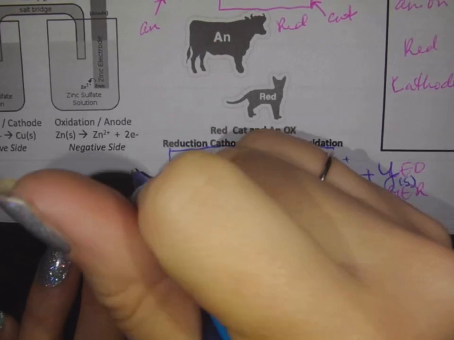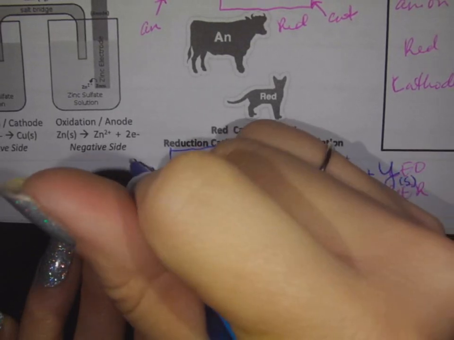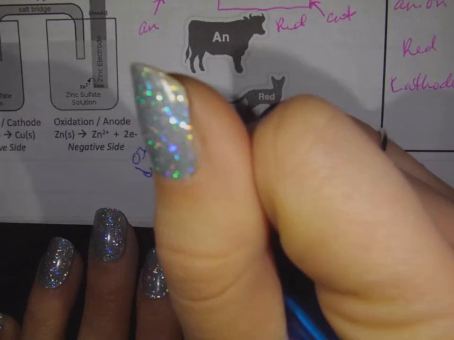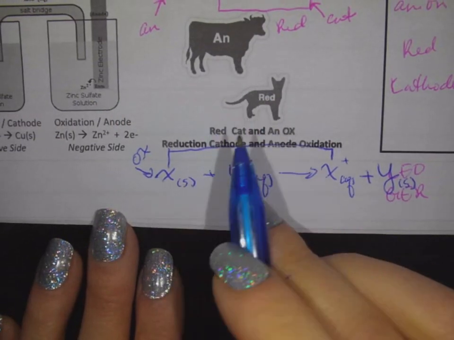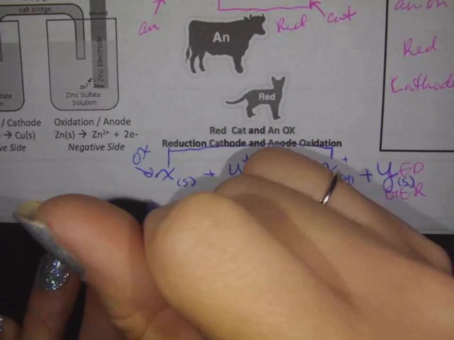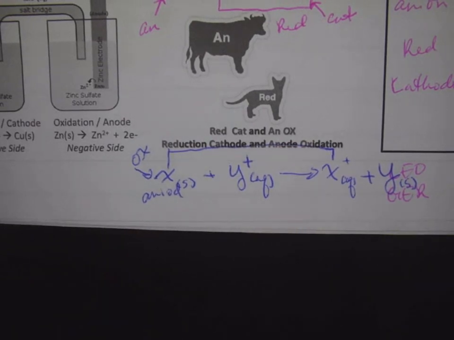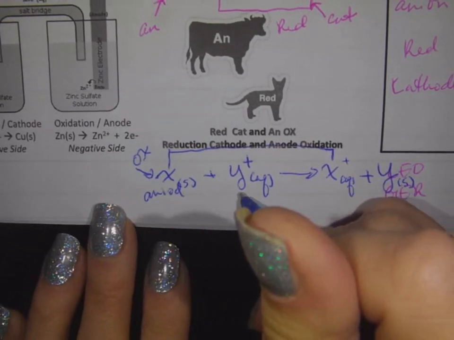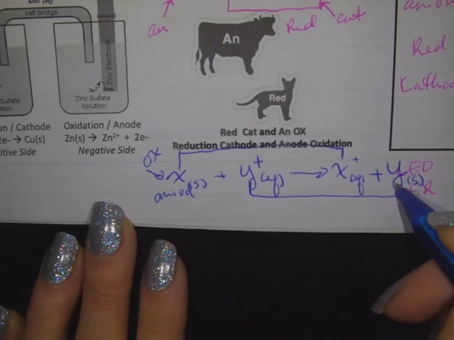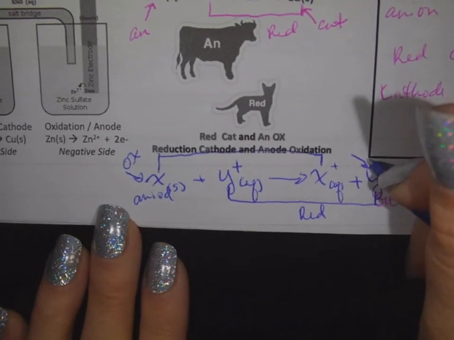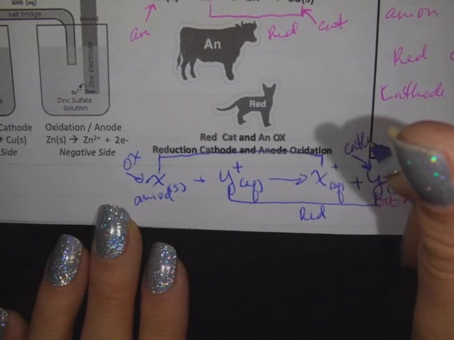So that means we oxidize, and that's going to be the anode. And then Y is doing the opposite, so Y is reducing, and that makes the metal the cathode.